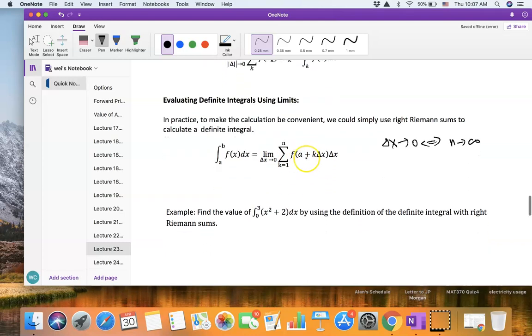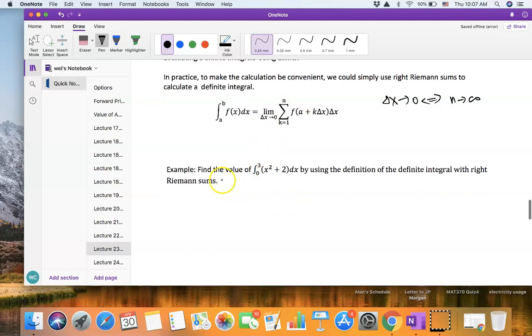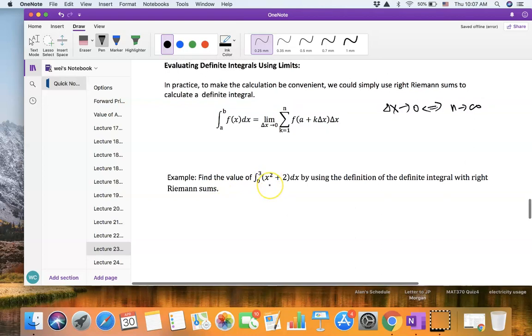Okay, let me use this example to illustrate this method. Here we want to find the value of this definite integral by using the definition of definite integral with right Riemann sums.